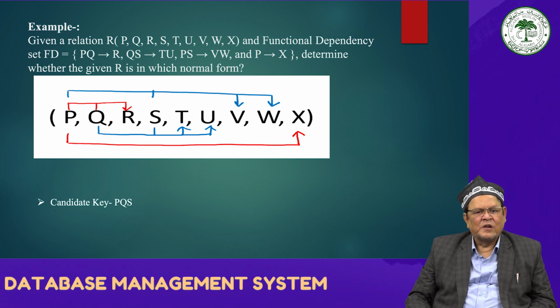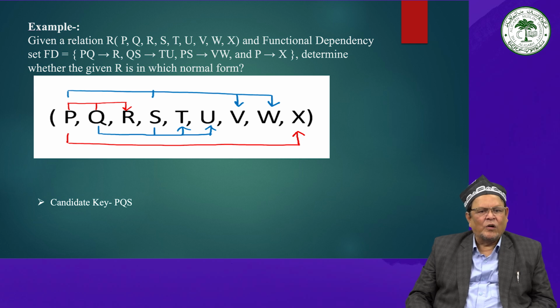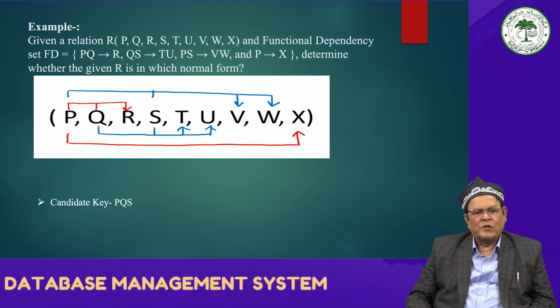The answer is: from the above arrow diagram on R, we can see that the attributes PQS are not determined by any of the given functional dependencies. Hence, PQS will be an integral part of a candidate key. That is, no matter what the candidate key is and how many there are, all will have PQS as compulsory attributes.